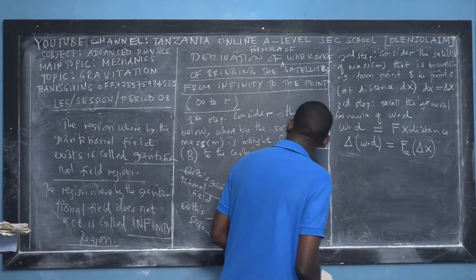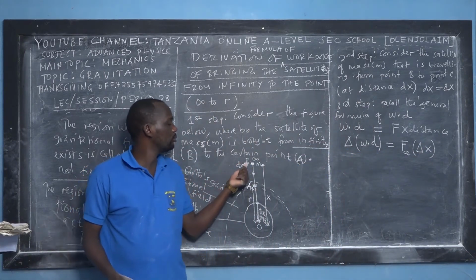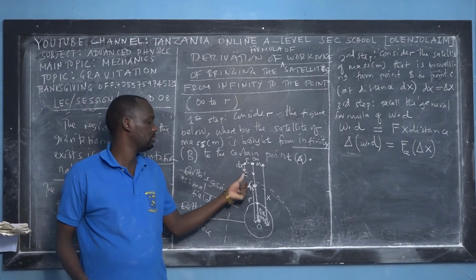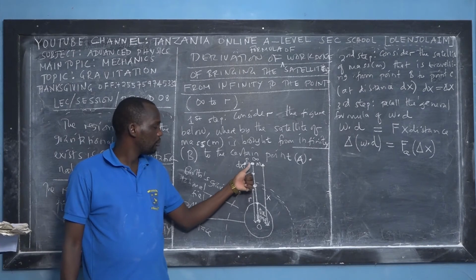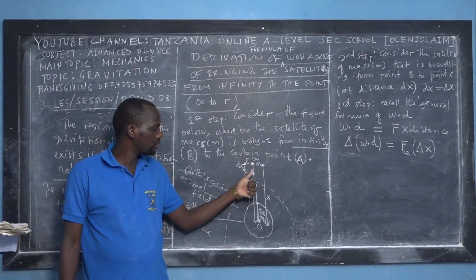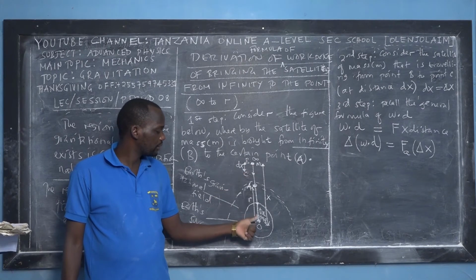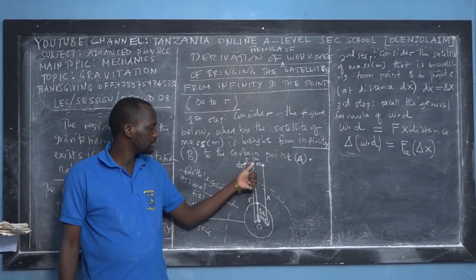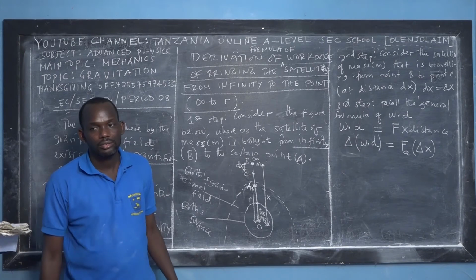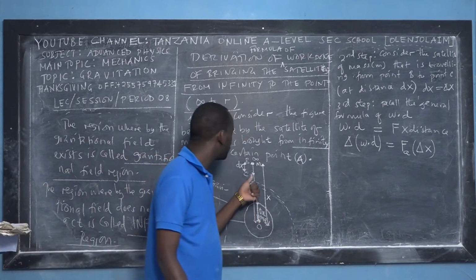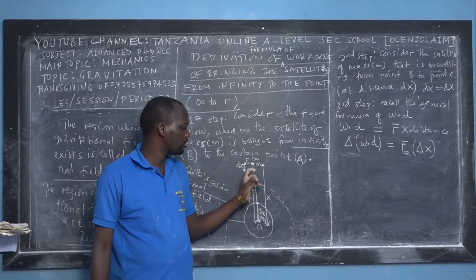To get the small amount of work done required to move a satellite from point B to point C, I take the force of attraction on the satellite at point B and at point C, and multiply it by the small distance traveled.